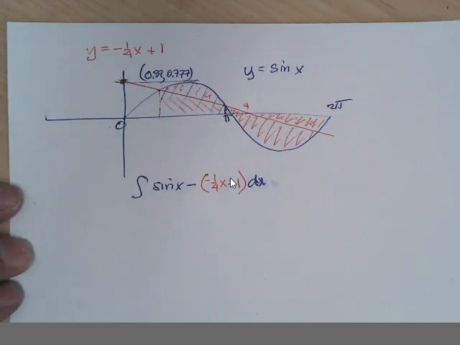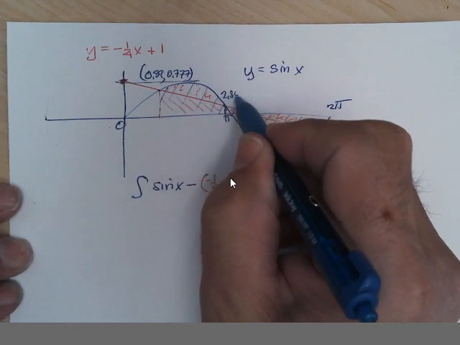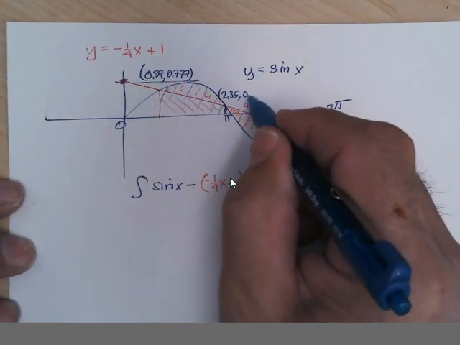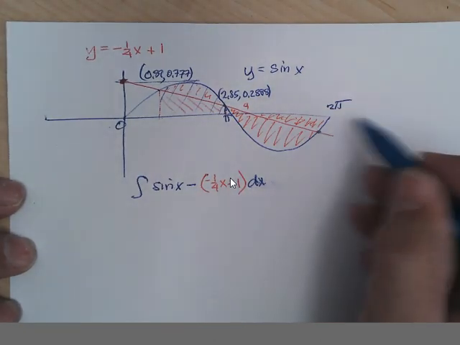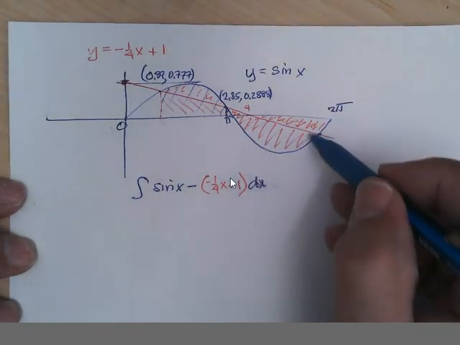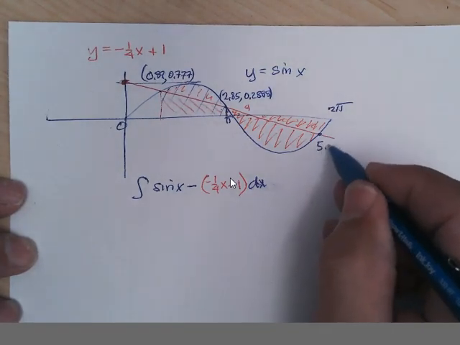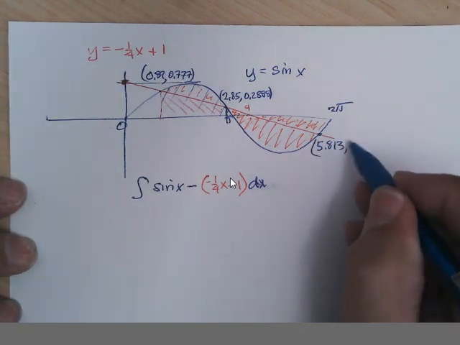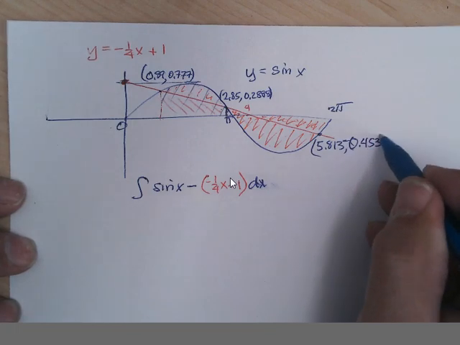And this is 2.85, I just tapped my mouse on Desmos, and 0.2888. And this point, where the end of the enclosure is, 5.813, comma, negative 0.453.